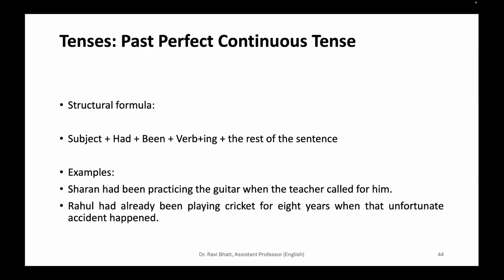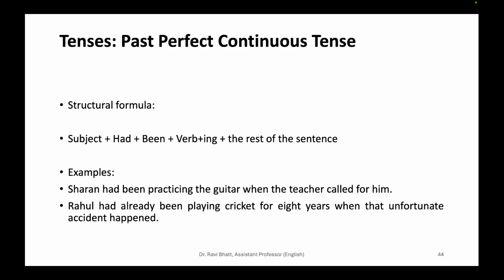Now we have the past perfect continuous tense. The last tense, or rather the last variation, that we are going to discuss today. The structural formula is subject plus had been plus verb in ing form plus the rest of the sentence. Okay.